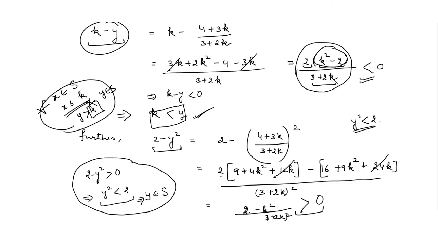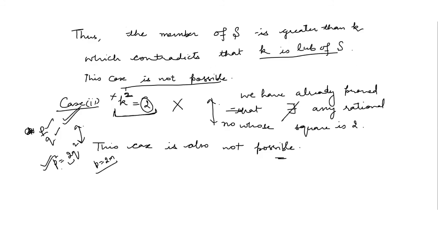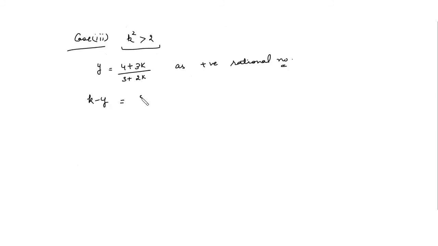Simplify this, that k minus y will become 2 times k square minus 2 upon 3 plus 2k. Now again this number is positive and k square minus 2 is also positive. So you get this is positive. Is this point clear?